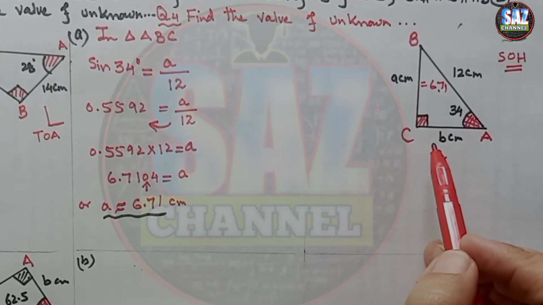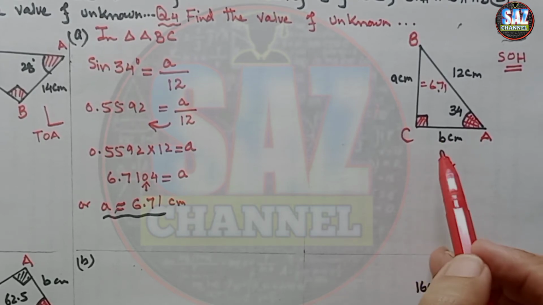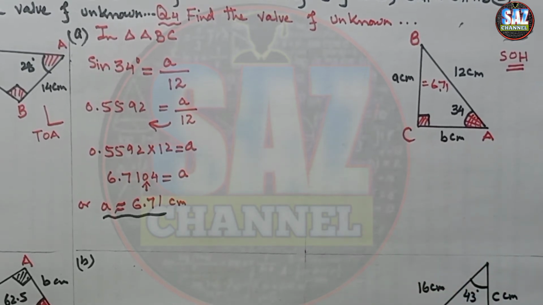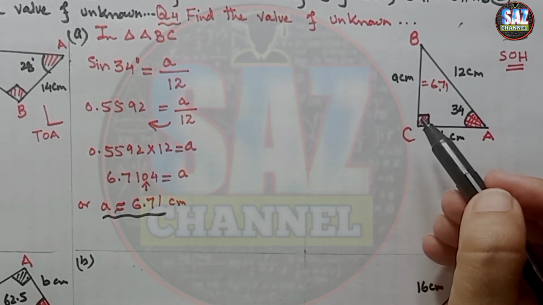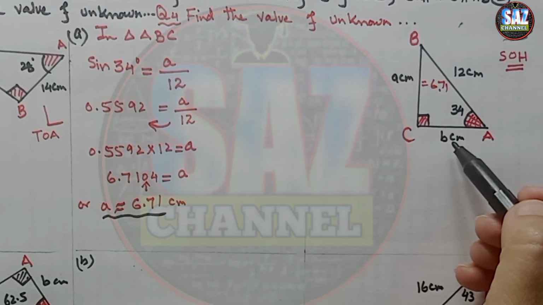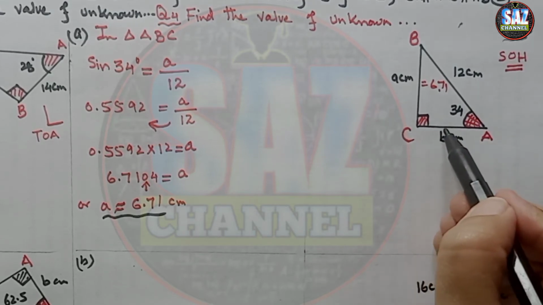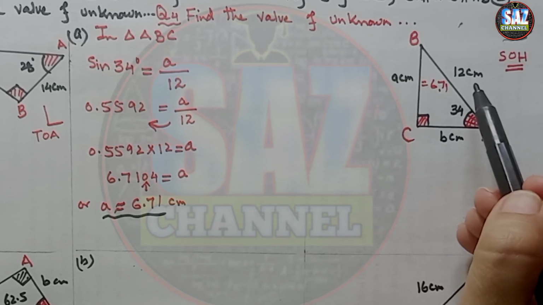But I always advise my students not to use those values which they have calculated in further calculations. Avoid use of those values because that value can be incorrect, and one incorrect calculation can cause a mistake in the other. So for finding the value of B, we can apply another trigonometric ratio, like B is adjacent and again hypotenuse is given.